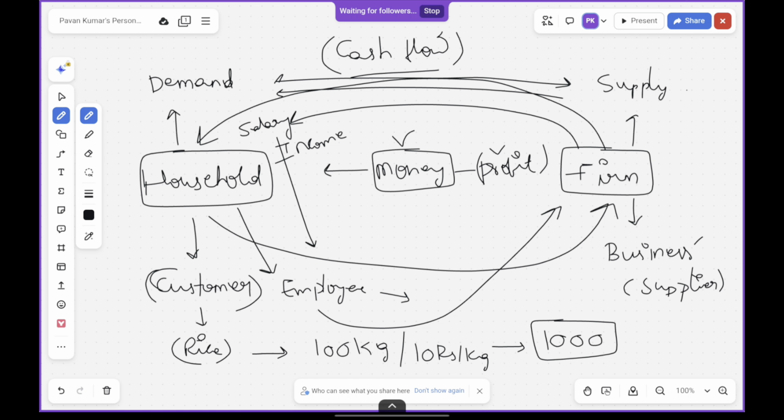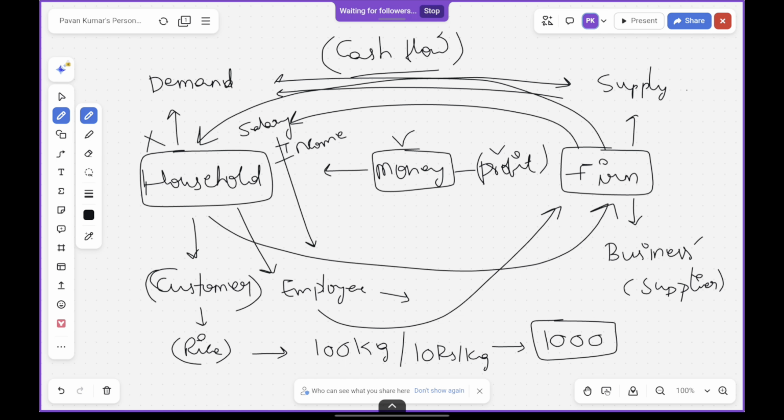In that case, the business has to make sure that they are supplying enough quantity and quality within the purchasing power of those customers, so that the deals will be possible. So this is how the cash flow happens between the household and the firm. If there is no firm, then obviously no employment will be generated, and no household can sustain.